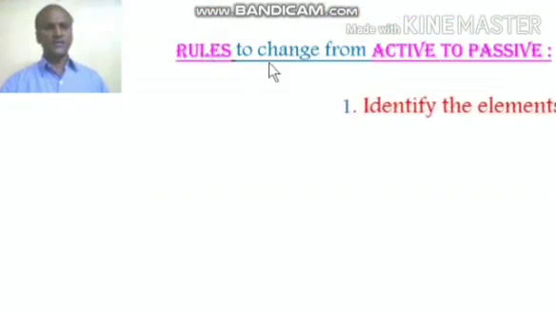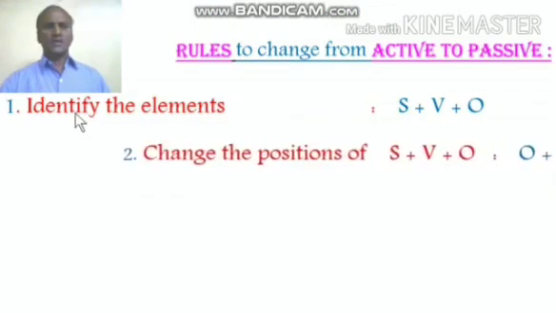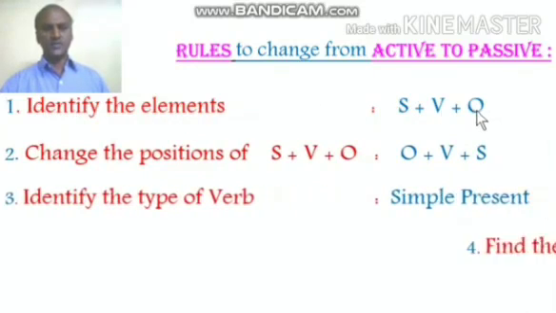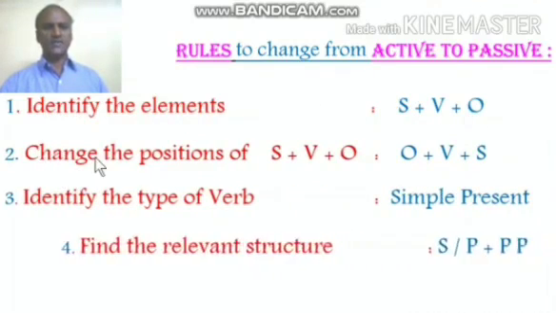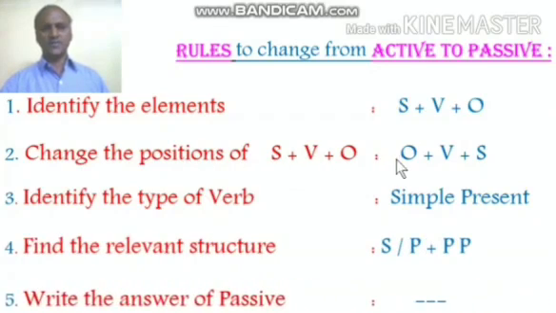Let us find out what are the rules to change from active to passive voice. The first rule says identify the elements. Elements means subject, verb, object. Find out first. Second rule says change the positions of subject, verb, object. That is reverse the object as subject, subject as the object. Third rule says identify the type of verb you have got. For example, here simple present.